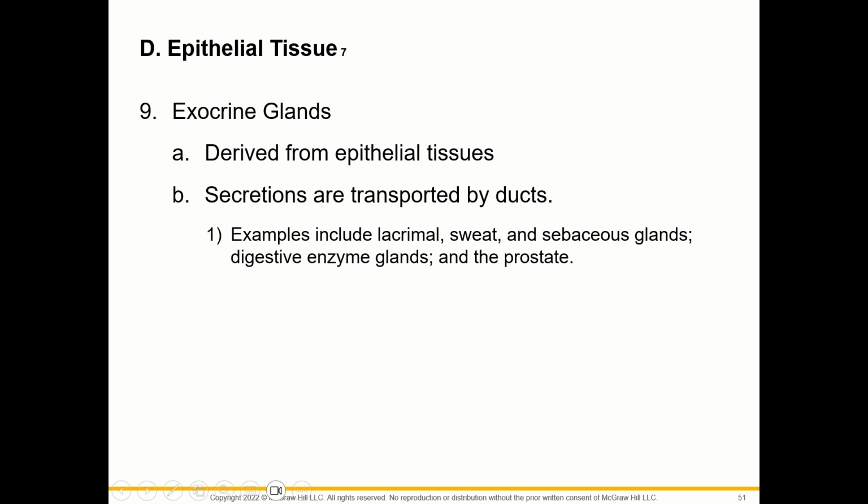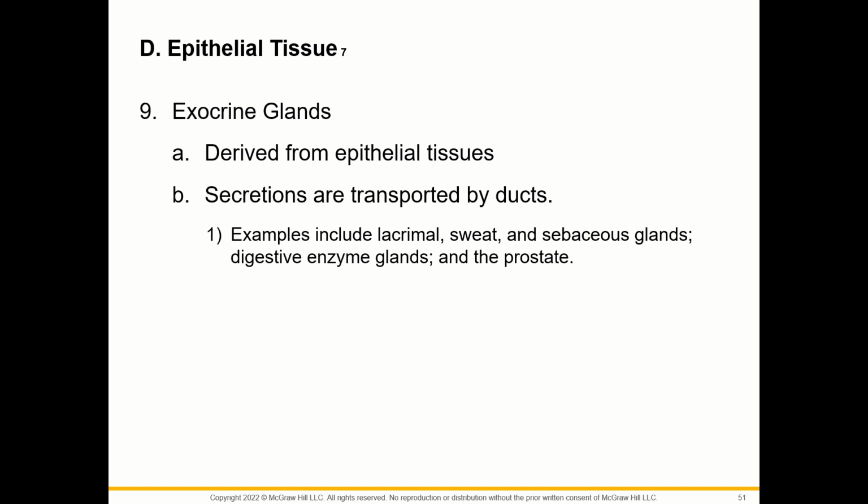All right, so epithelial tissue can also form glands. And so the two major types of glands are exocrine and endocrine glands. We'll look at the exocrine gland first. They are derived from epithelial tissues, and the secretions are transported by ducts, which are passageways, kind of like your air conditioning unit that carries AC all the way through your house.